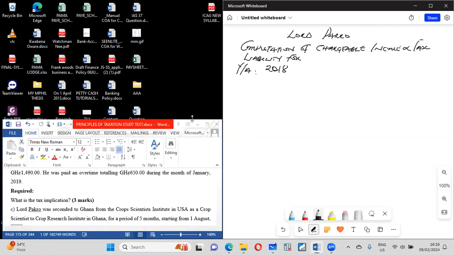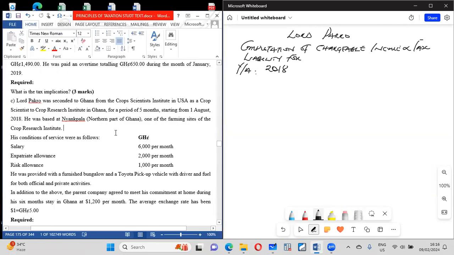Then the basis period, therefore, if that is the case, he stayed here just for 5 months. And so we will have to bring in the concept of resident and non-resident inside a question like this.